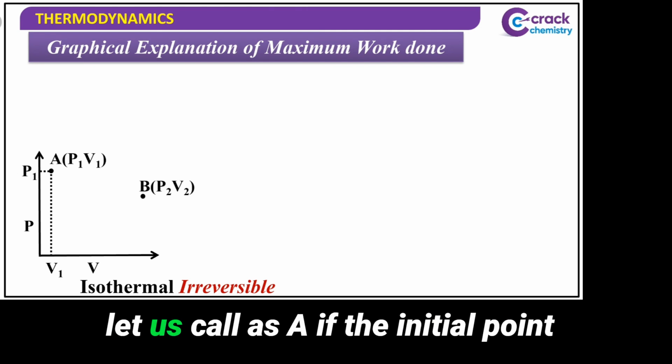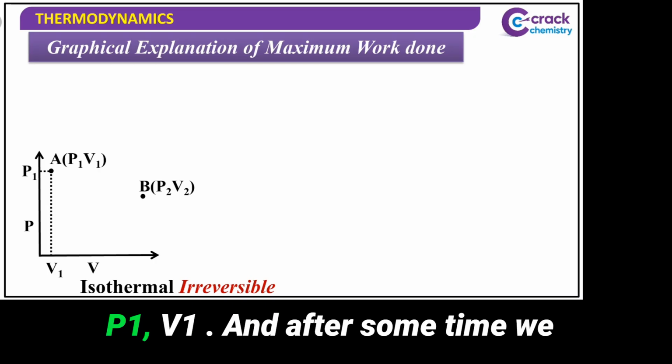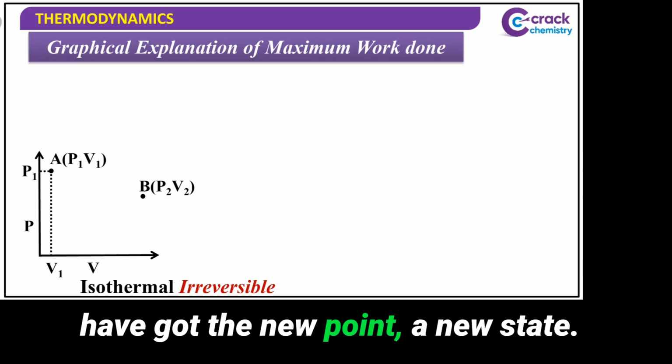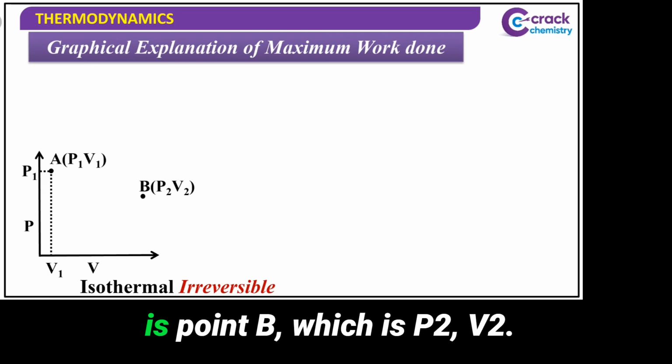What is the graph? Let us call the initial point A, having the coordinates P1, V1, and after some time we have got a new state, of course, the new state is point B, which is P2, V2.